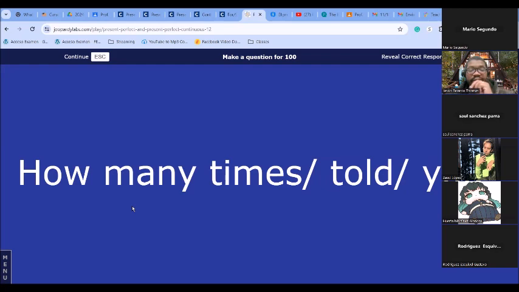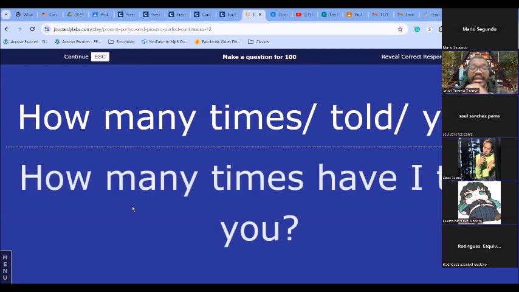Have I told you? Or how many times were you told is a possible answer, but we're practicing what? Practicing present perfect continuous. How many times have you been told?